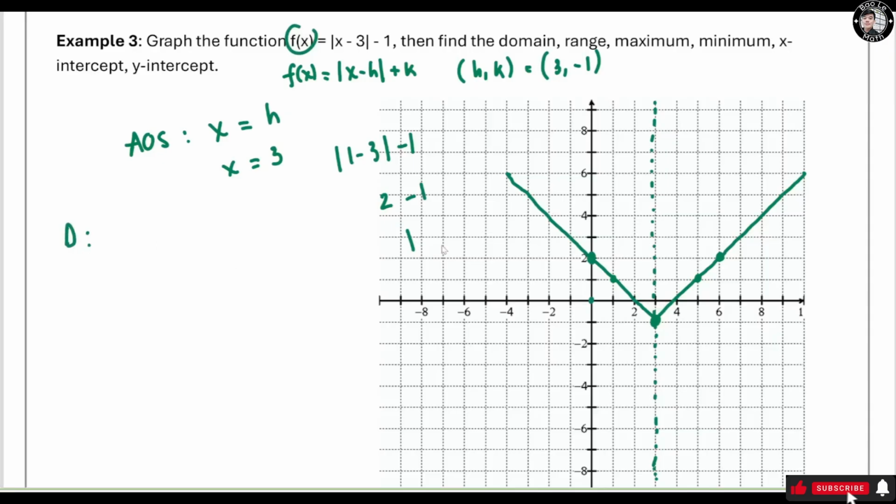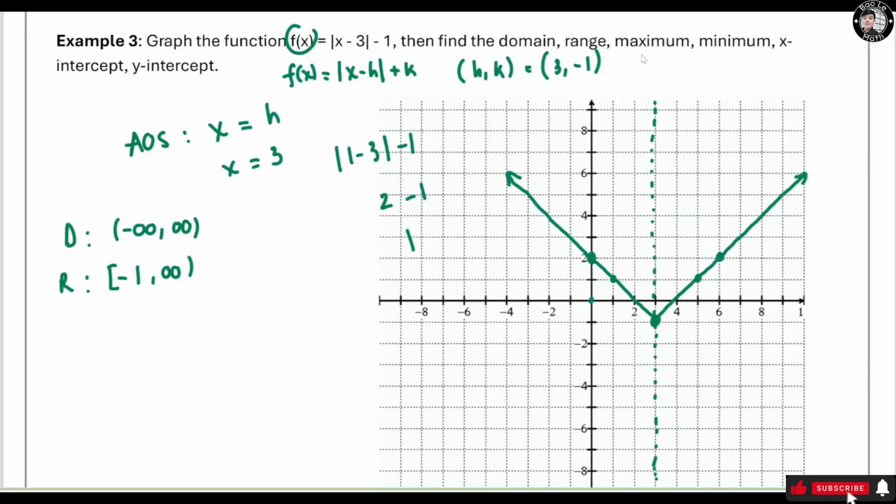Now, the domain from left to right is going to be negative infinity to positive infinity, right? The range is going to be right at the vertex right here, right? Minimum negative 1 to positive infinity, right? This guy keeps going up.